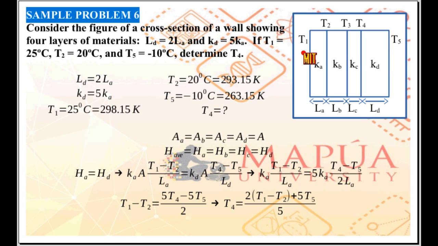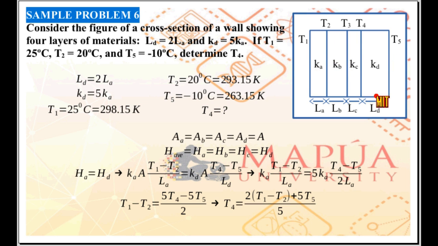Heat will flow from hot to cold, from higher temperature to lower temperature. So, heat will flow from left to right. That's also the direction of our heat rate flow, the direction of H.